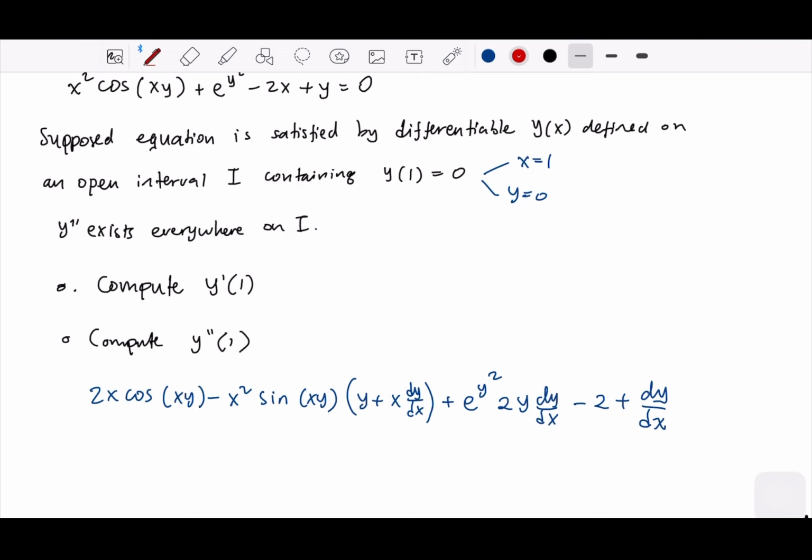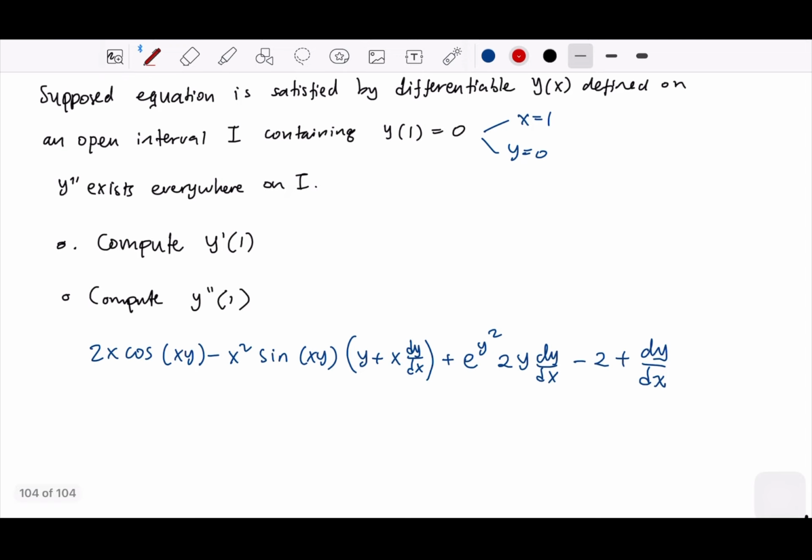It will be efficient and effective. And we could see that dy/dx from here, when x is equal to 1, is equal to 0. You can check the results.